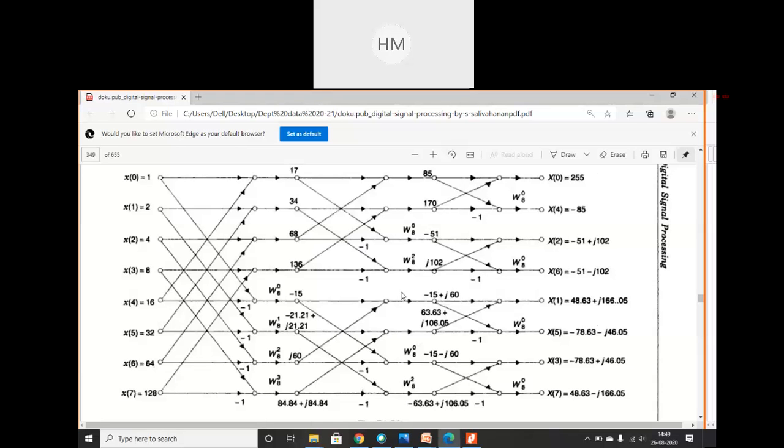And this figure which is displayed on the screen is for DIF. Yes, you can see the answers on the screen. Next.